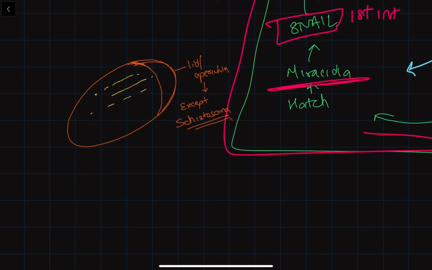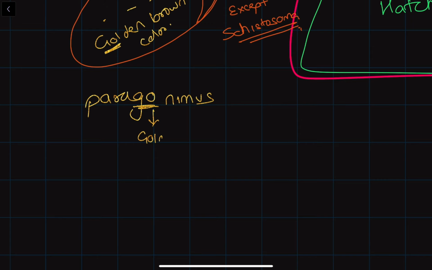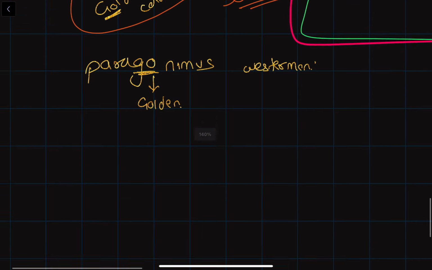They are also golden brown in color. You can remember this golden brown from Paragonimus: Go for golden.